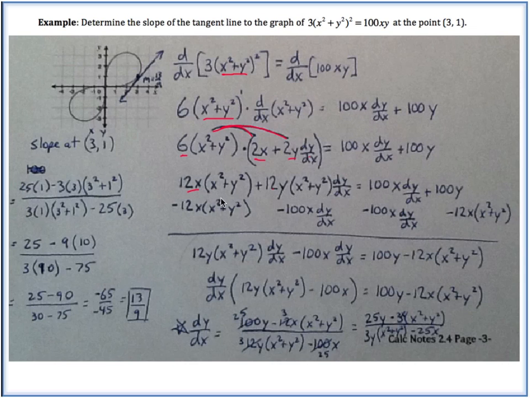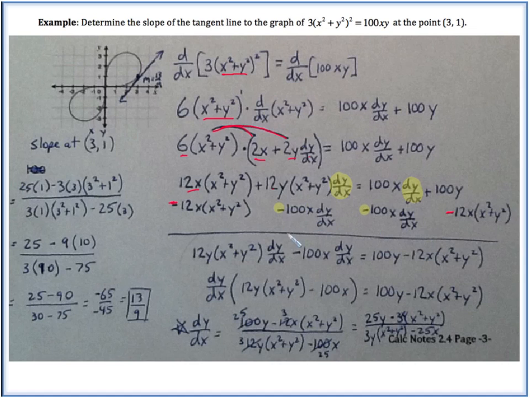Then I wanted to isolate my dy/dx's. So here they are, and notice now they're on different sides. So what I had to do is actually subtract it right here, and then I needed to get everything that wasn't a dy/dx to the other side, and so I subtracted this term away here and on the other side.